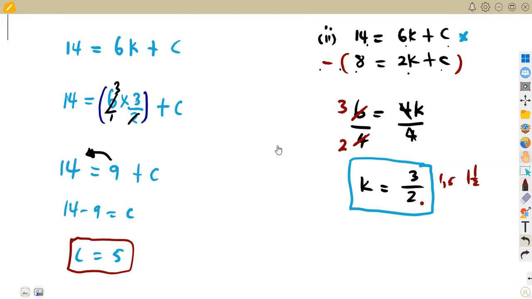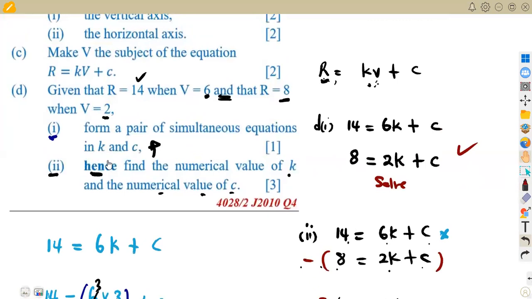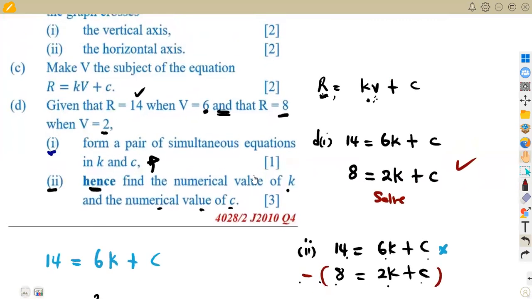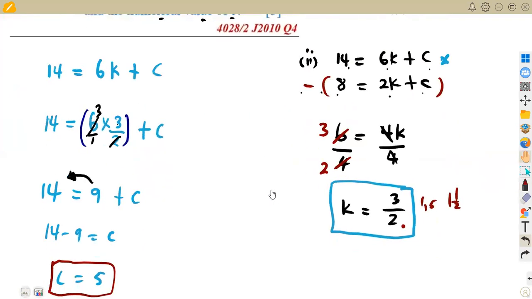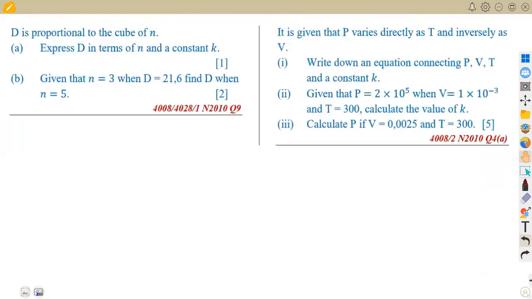These are the numerical values that we are being asked on this part: hence find the numerical values. So as you can see, it can be a question of this nature, whereby you also need to apply the change of subject and so forth, and also to understand the information about the straight lines and so forth. All right, so our questions can be like that.